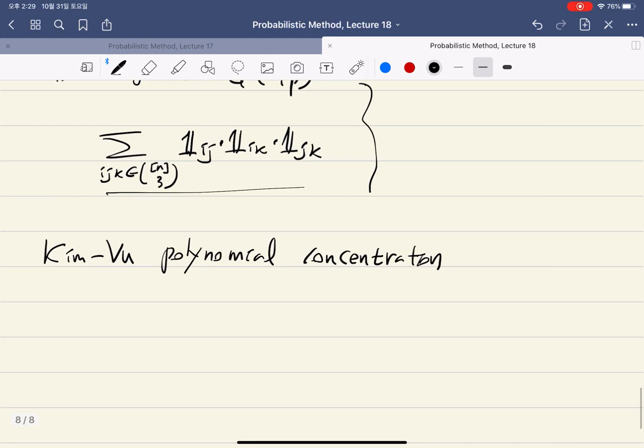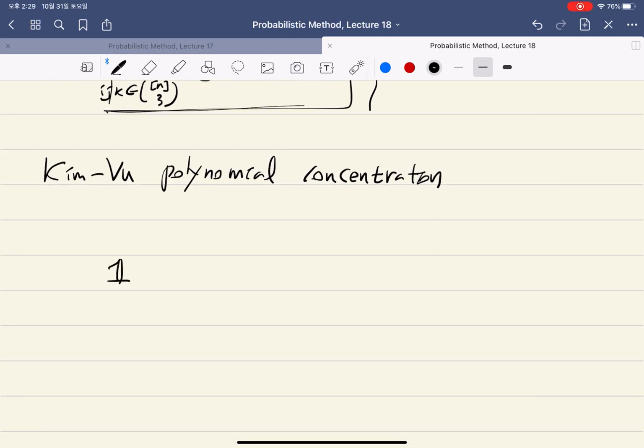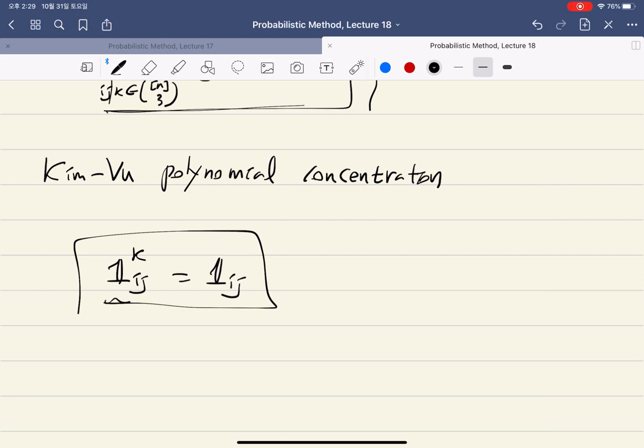So we want to consider this kind of polynomial. But here, if you take some power, because this is an indicator random variable, it is not different from the original indicator random variable itself.